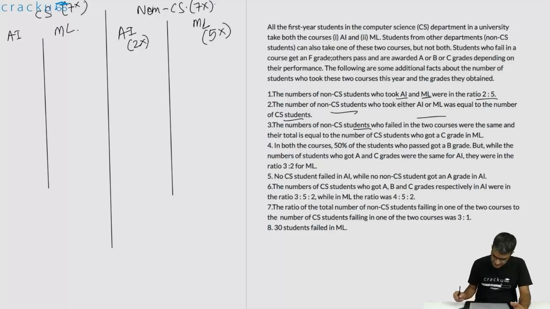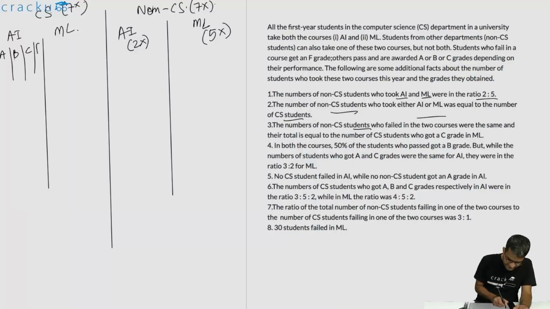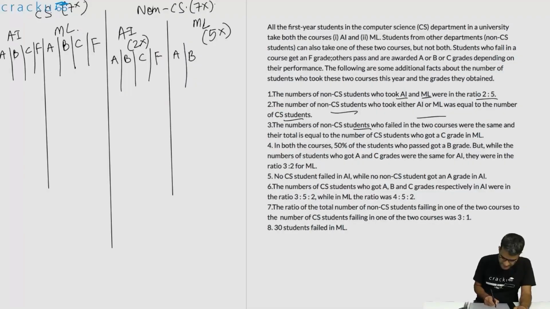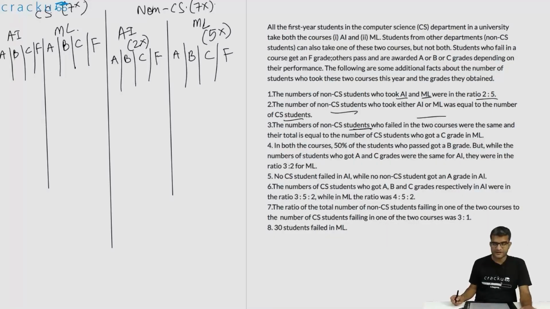The number of non-CS students who failed in both the courses was the same, and the total is equal to the number of CS students who got a C grade in ML. So let us divide each of the courses into A, B, C and F. Similarly, over here also we got A, B, C or F. The number of non-CS students who failed in the 2 courses is the same.